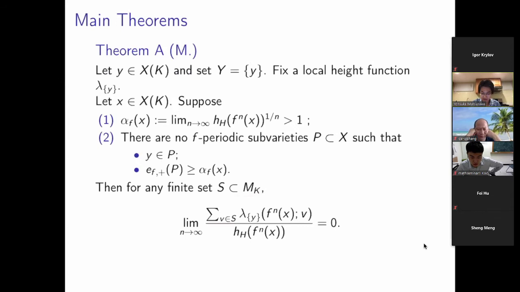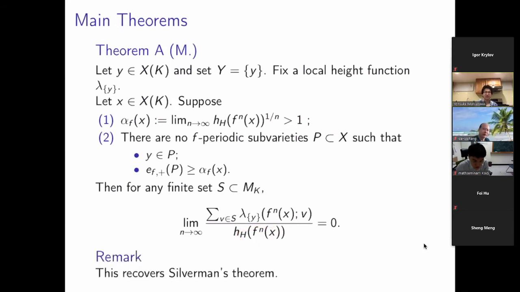Okay, so then we can say that the orbit of x doesn't get close to the point Y as fast as the height function grows. And actually this theorem applied to projective line recovers Silverman's theorem. So this is really a generalization of Silverman's theorem. All right, so this is the case that Y is a point. So what about Y having positive dimension?